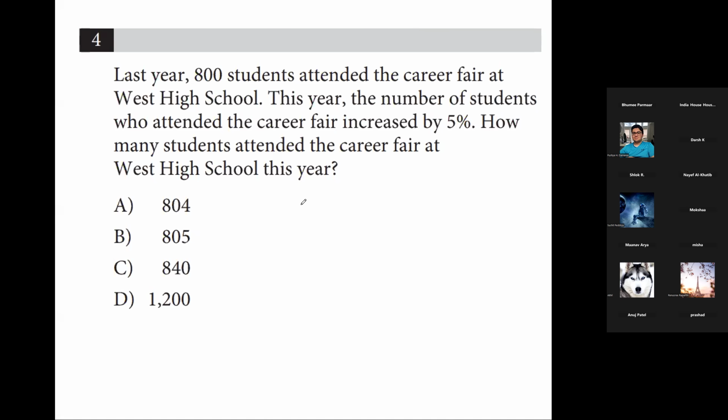Well, that would just be 800 times 1.05, because you had 100% from the original 800 and then it increased by 5%, so plus 0.05. So that's 1.05. You can plug this into your calculator or do this in your head, but this would be 840. So the correct answer is choice C.